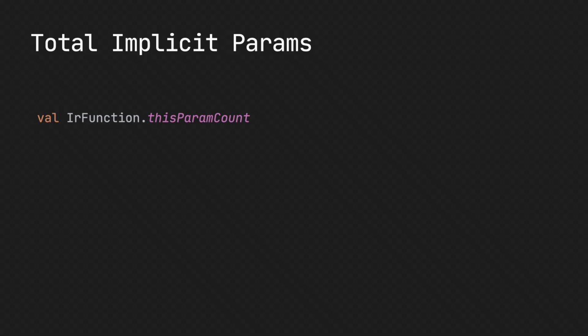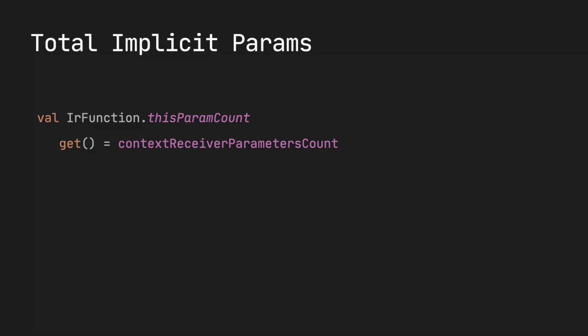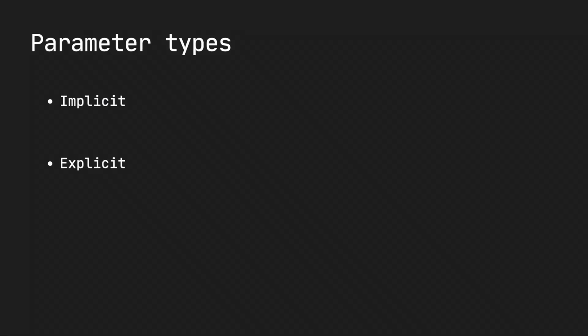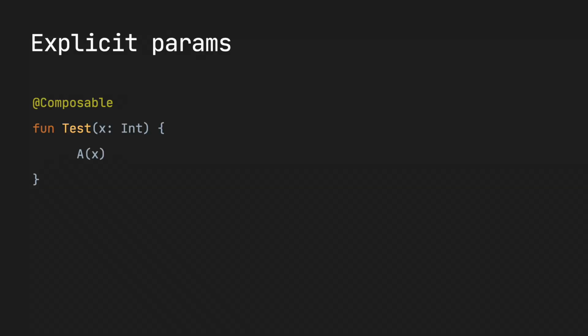This parameter count is the number of implicit parameters, which is the context receiver parameter count, if it has any, or you could have a dispatcher receiver parameter or extension receiver parameter. These are all different types of implicit parameters, and it gets a total number of these. But it also has to get the total number of explicit parameters, which are actually like integer variables that you pass in. So how does that work?